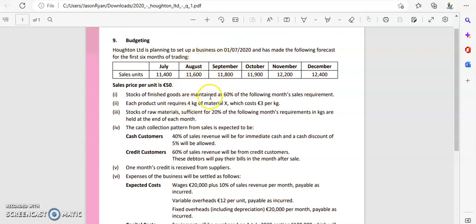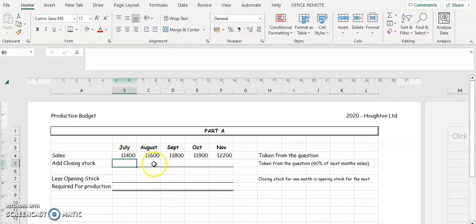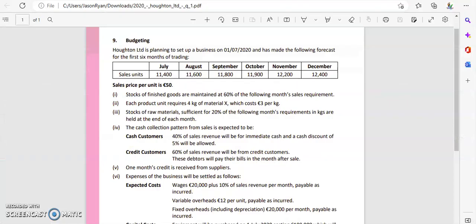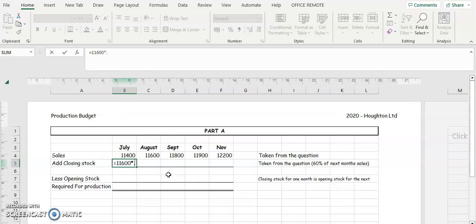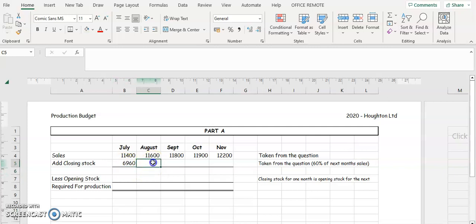It's just telling us that we want to have some closing stock going forward for the next month based on what our next month's sales are. So we're going to take 11,600 and multiply that by 60%, and that's going to give us our closing stock figure.